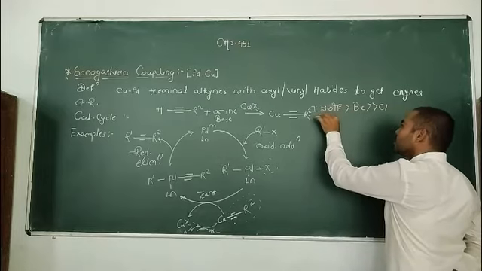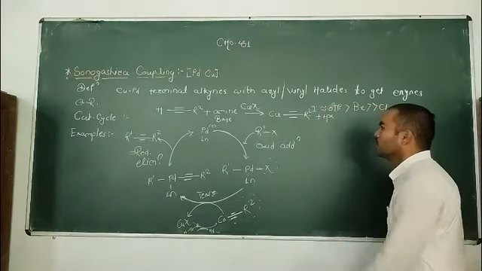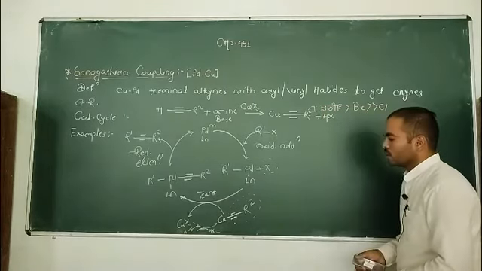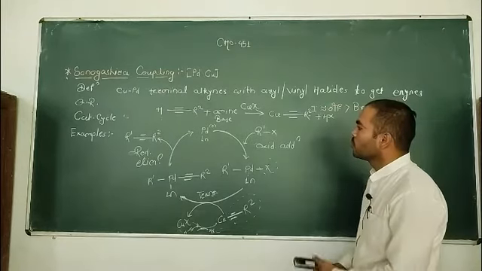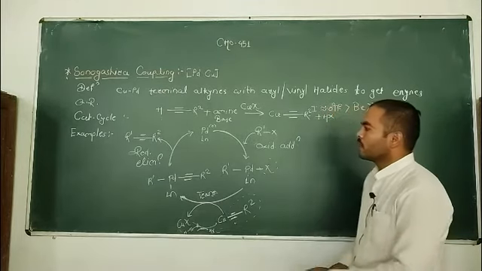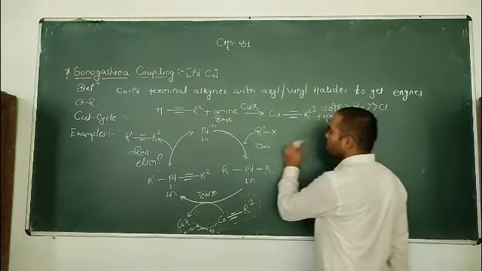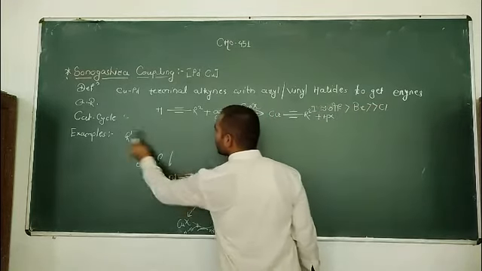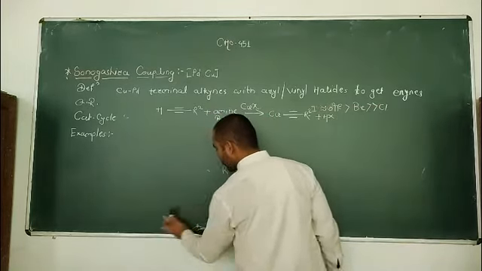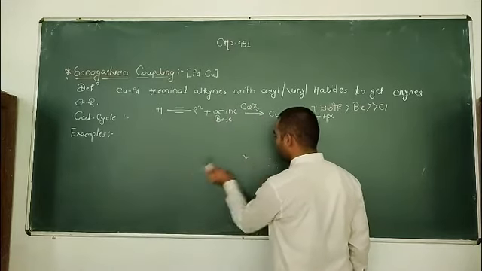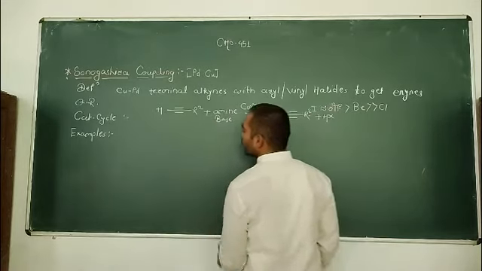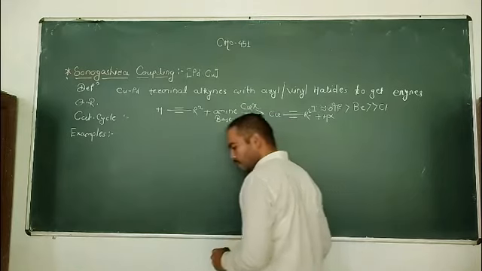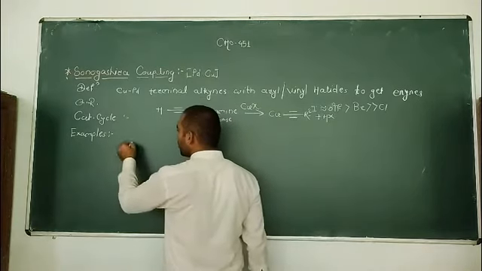Here the side product is HX, which is also given in some reference books. Then the next part of this reaction is our examples, examples related to this Sonogashira coupling.